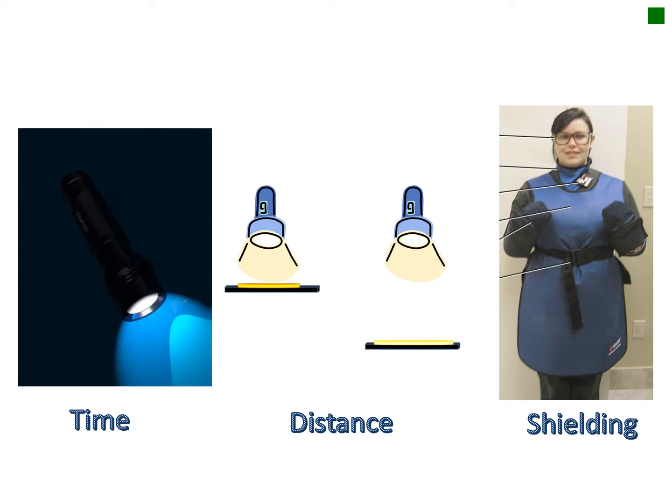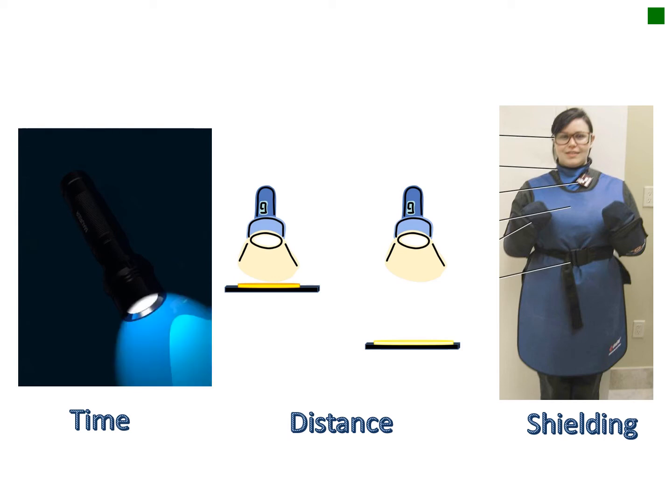It's 1 over x squared, where x is the distance that you've moved. So for example, if you move 2 feet away from the source, the radiation intensity is decreased to 1 over 2 squared, which is 1 over 4, or 1/4 of the original value. So you've reduced your radiation exposure by 4 times.